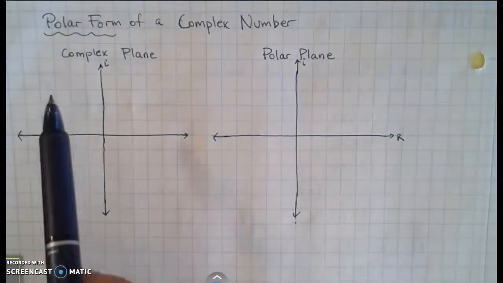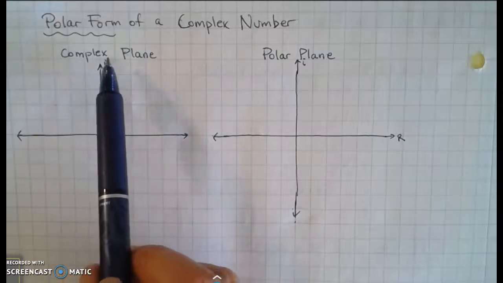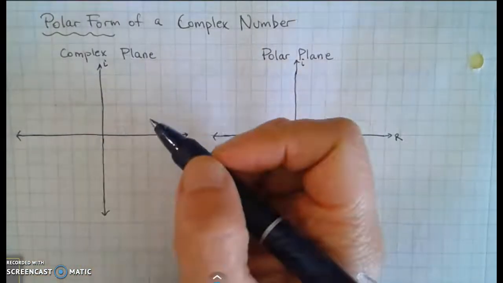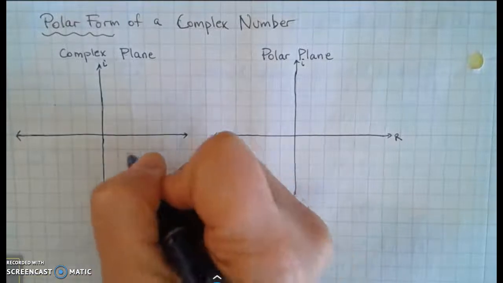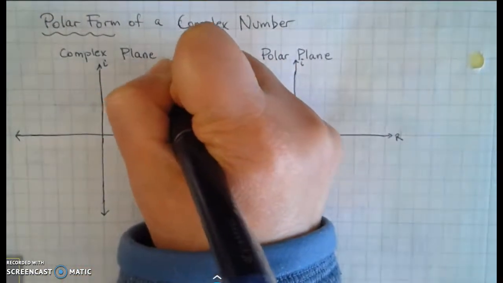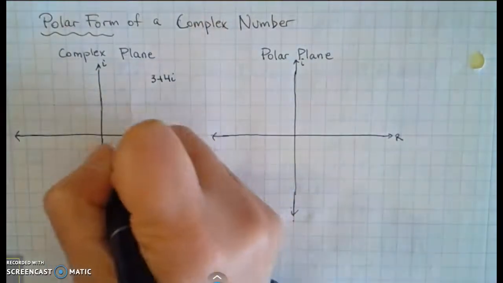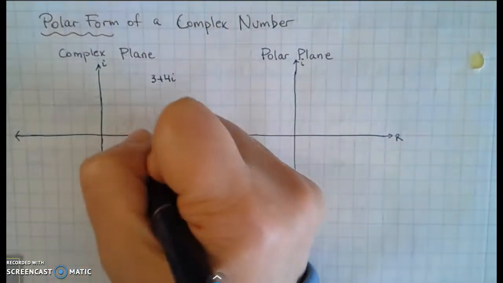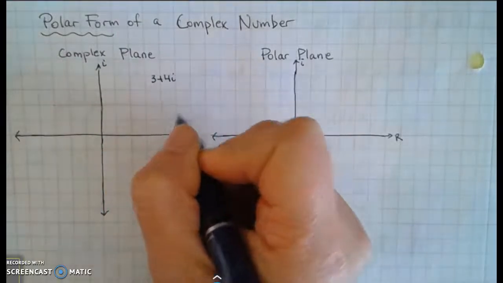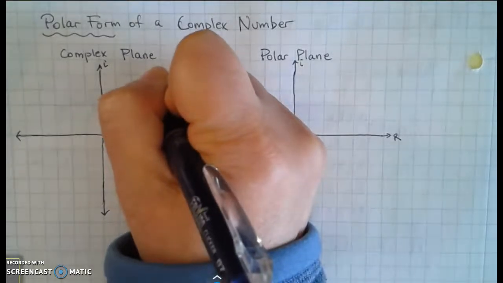Now let's extend the idea of the complex number in the complex plane to the polar plane. To do that, let's consider the complex number 3 plus 4i. If I talk about 3 plus 4i, that means in the real axis the value is 3, and in the imaginary axis it will be 4i, so it will be right there.